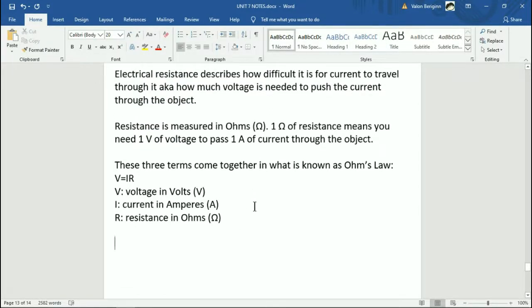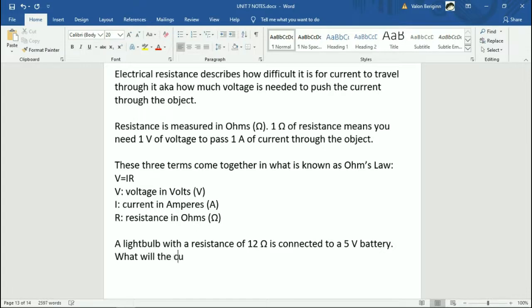So how does this come into play? Here's a question you could ask. A light bulb with a resistance of 12 ohms is connected to a 5-volt battery. What will the current be through the light bulb?